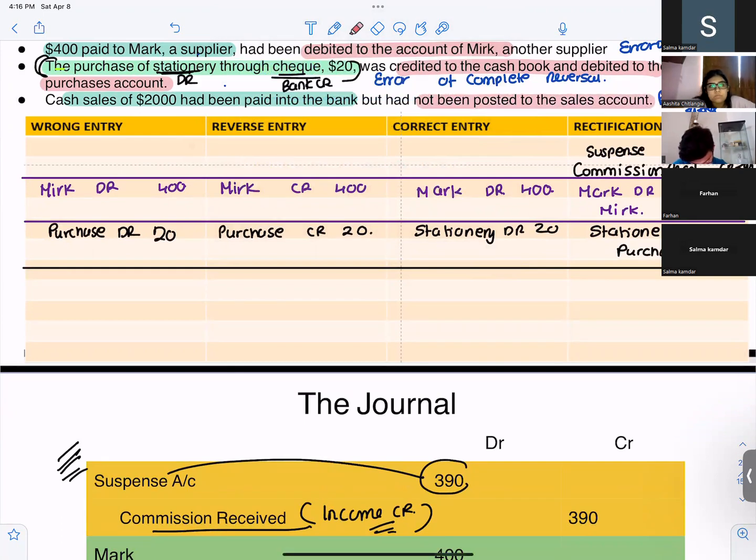That means this is error of partial omission. In partial omission, will you do wrong, reverse, correct rectification? No. Where did you not post it? Sales account. So the rectification will be sales credit and suspense debit.